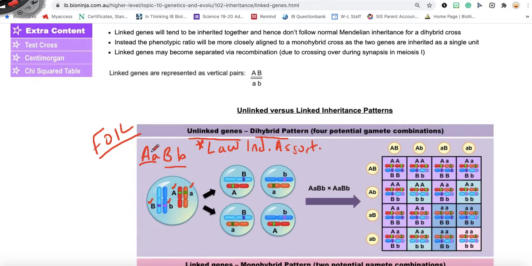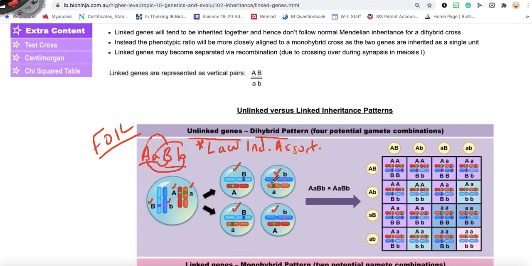So you could potentially assort the first alleles together to give you this gamete, or you could assort the outer ones to give you this gamete, or the inner ones to give you this gamete, or the last ones to give you this gamete.